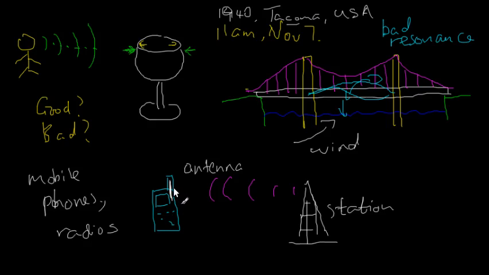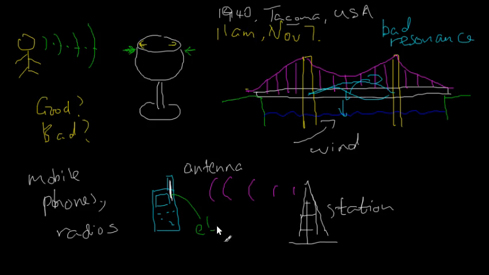But in order for this to work properly, in order for the antenna to generate a big enough current so that the electronics can detect this signal, it is important that the natural frequency of the oscillation of the electrons in the antenna is the same as the microwave or radio wave frequency.